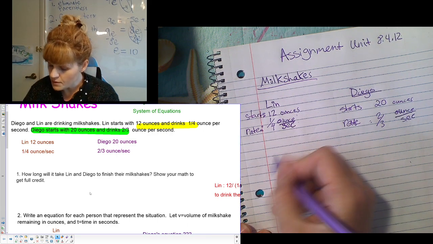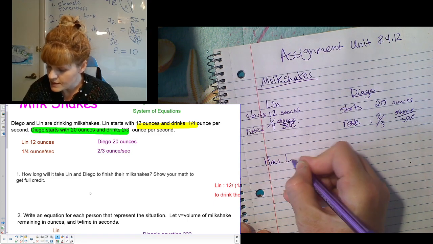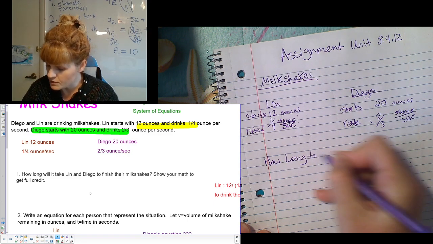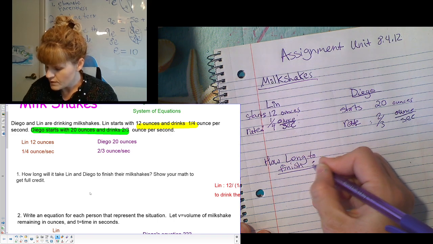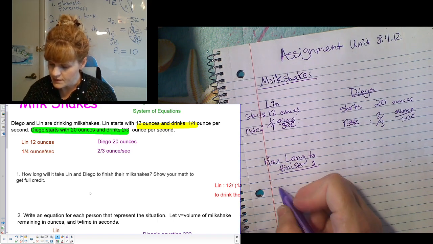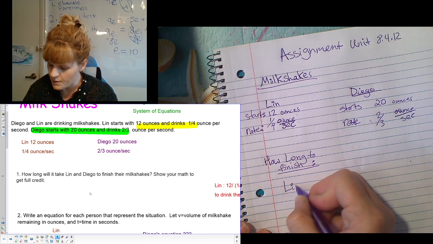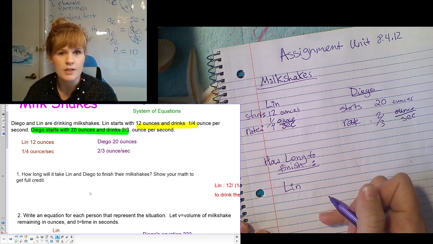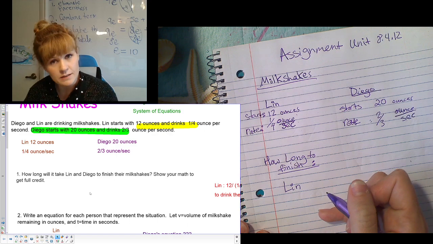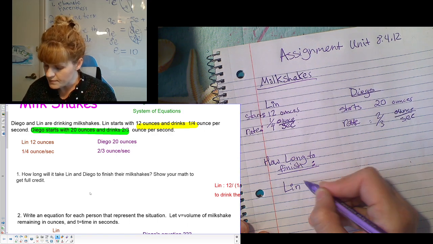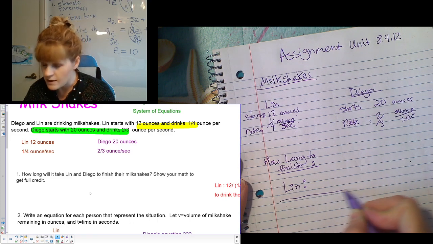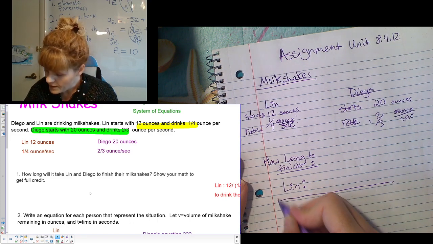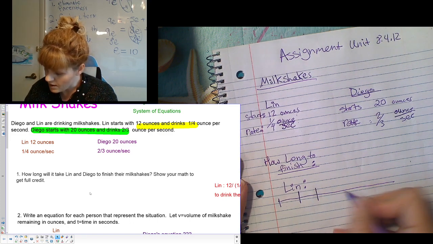Okay, so I'm just going to write in my notes, how long to finish. This is a 7th grade math problem, but I want to go over it anyway to make sure you have strong math skills. For Lynn, if he has 12 ounces, I'm going to draw a line here, and these large ticks are ounces.